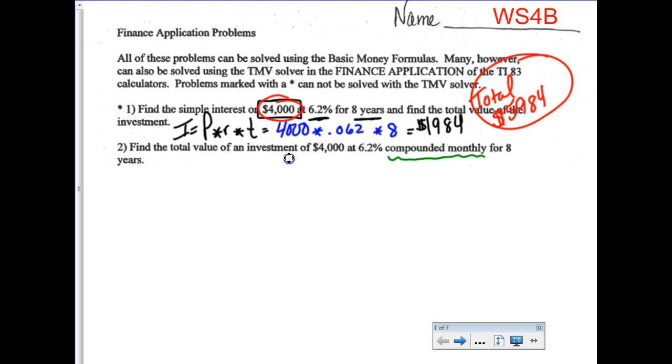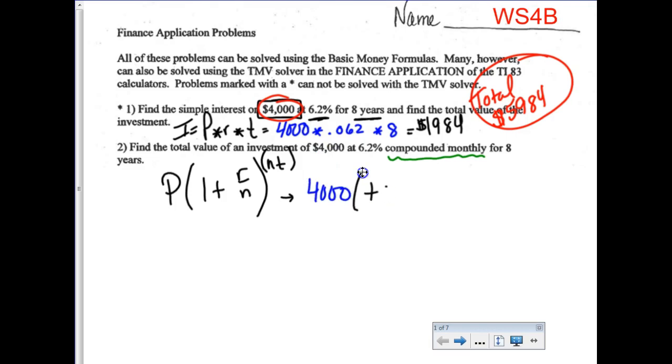So if you want to go old school with me, an Algebra 2 formula that you guys used a lot, and I know there's a variation of this on your pink card, it's P times (1 plus r over n) to the nt power. Remember, if you have an older calculator, you're going to need to put n times t in parentheses. So using our data, we got $4,000 for your principal.